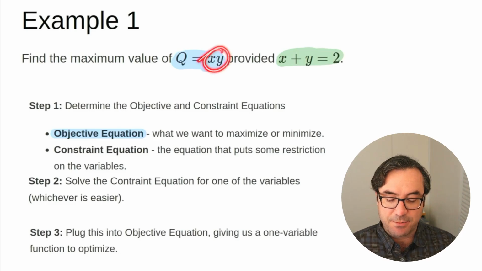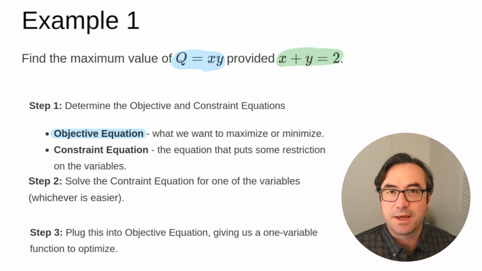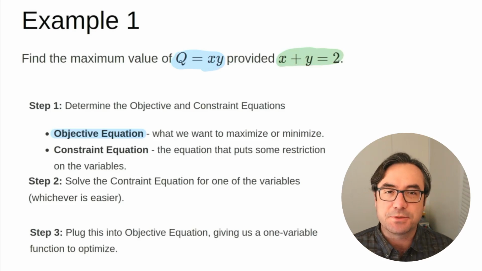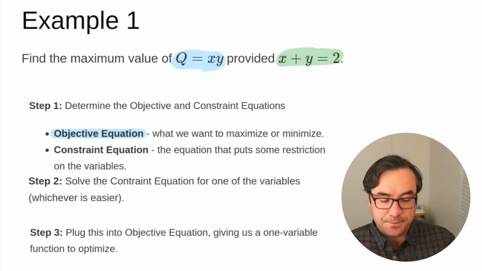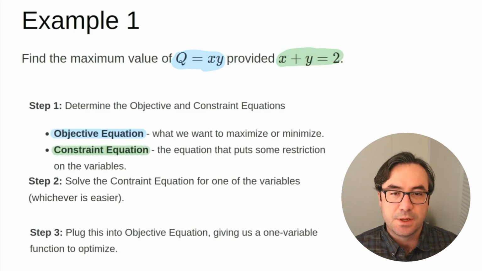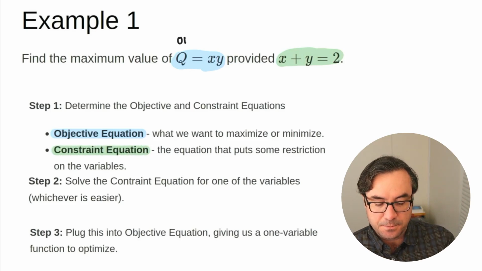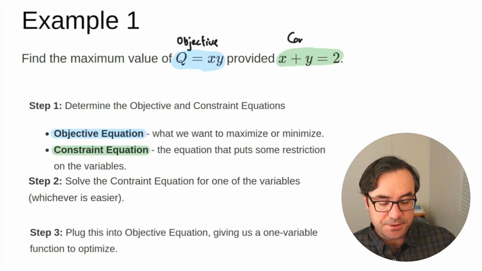Otherwise, we could just make our numbers really big and make it as big as we want. We have some kind of limitation here. x plus y must be equal to 2. So that's our constraint. We're limited. Okay, so we have our objective and we have our constraint.